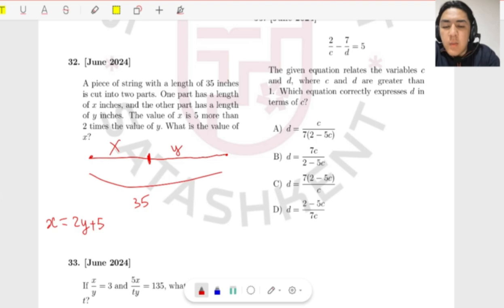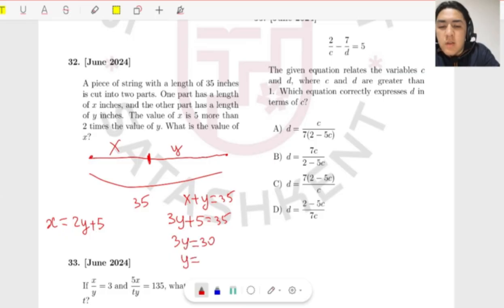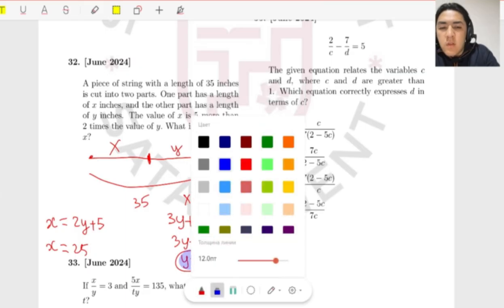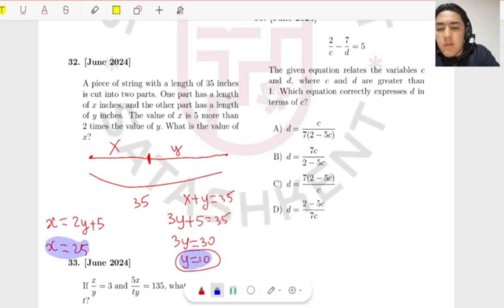And if I add them up, I'm getting 35. So let's plug it in. Then I will have 3y plus 5 is 35, 3y is 30, and y is 10. So now you have to find x, and x is 25. So the answer is 25 now.